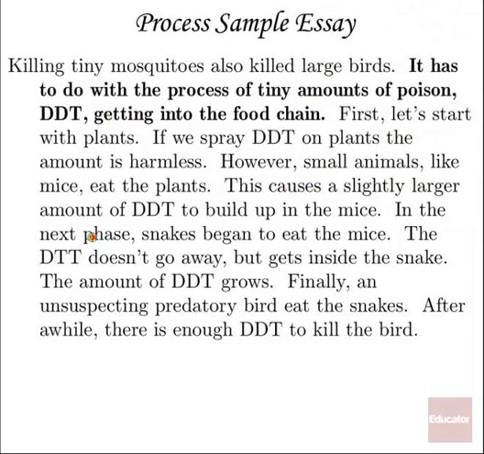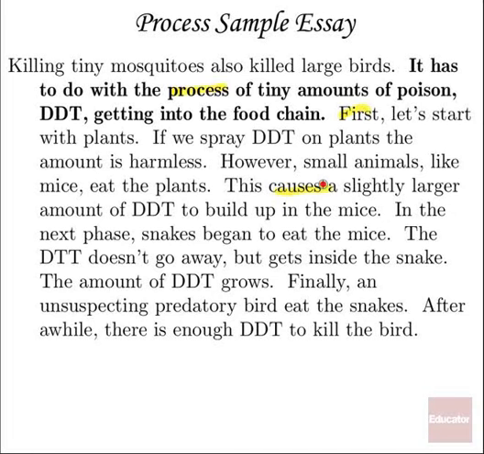Here's another process essay. Killing tiny mosquitoes also killed large birds. It has to do with the process of tiny amounts of poison, DDT, in the food chain. First, let's start with plants. If we spray DDT on plants, the amount is harmless. However, small animals like mice eat plants.